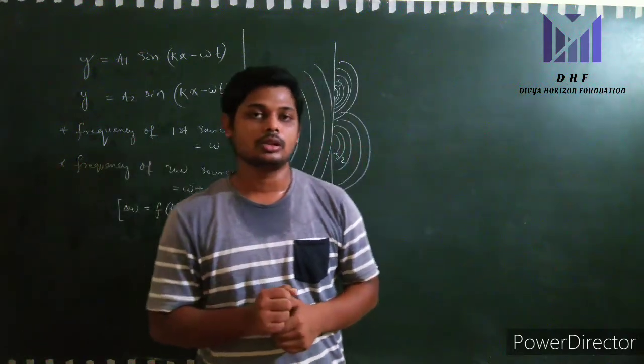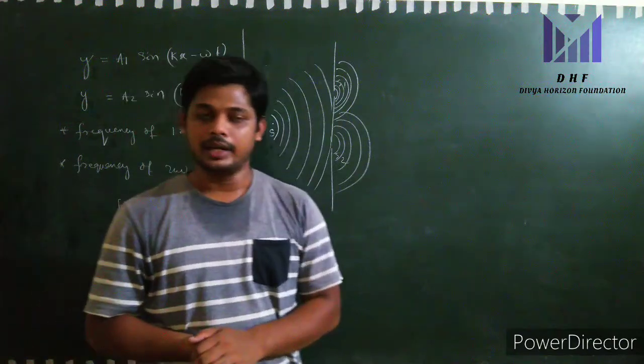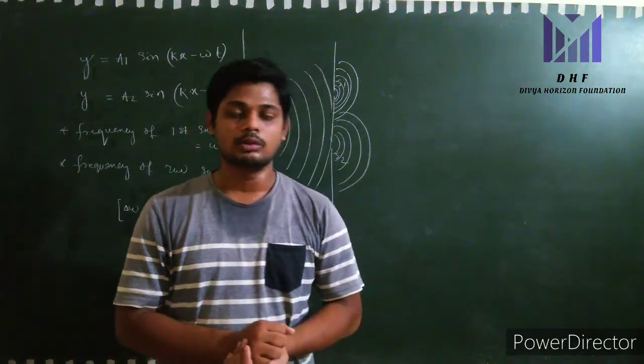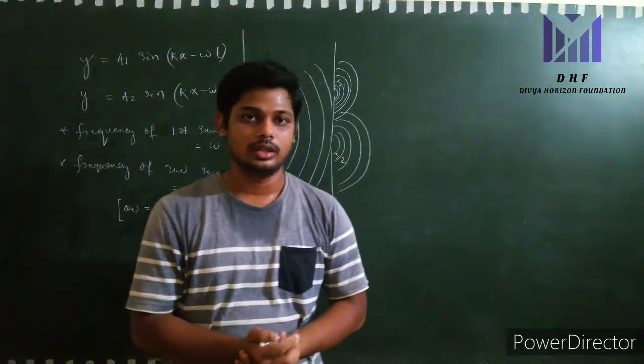This is the very important concept of the superposition principle, and all our findings and all our observations will be based on the superposition principle, which we will discuss in the next lecture.